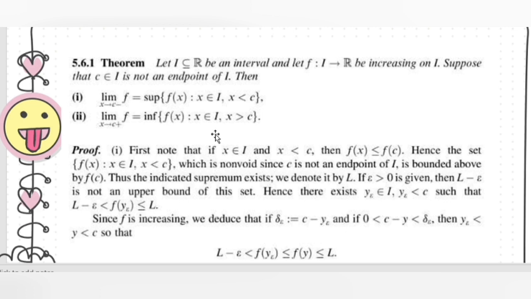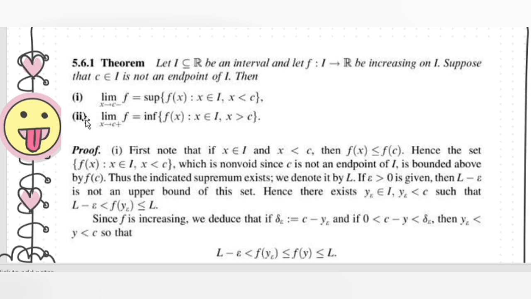Then, one, the limit of f as x approaches c from the left is equal to the supremum of the set {f(x) : x ∈ I and x < c}.